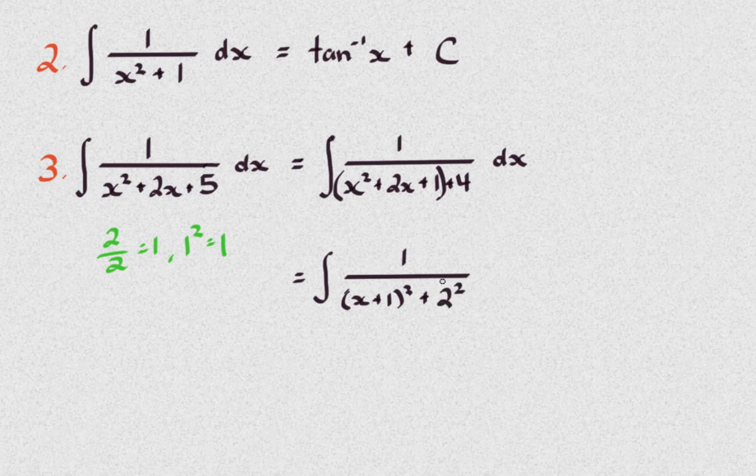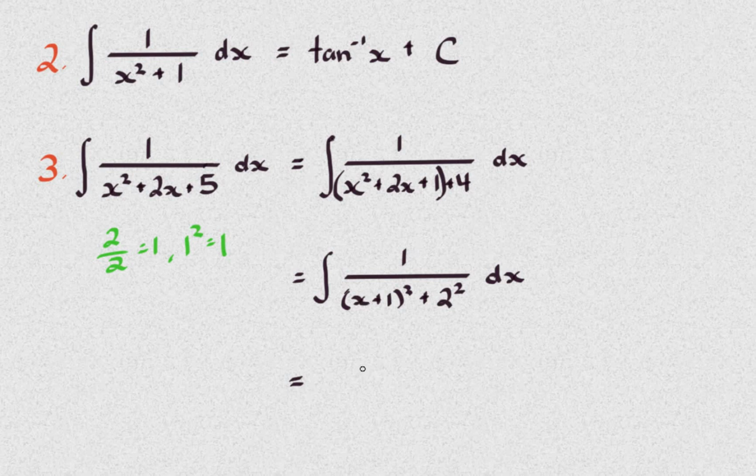And so now we have a form that matches up with example 2. A little bit more complicated, but we can now see that this is an inverse tan question. Now, rather than just x squared, we have x plus 1 squared, so that's like our new little function of x, but the derivative, f dash x, is still just 1, so that's good.